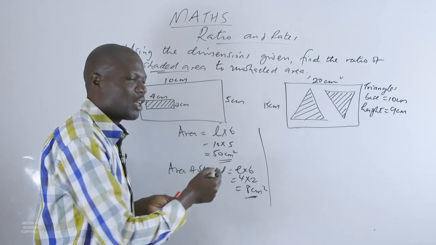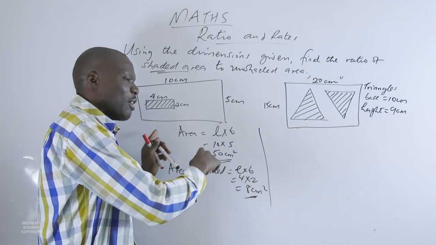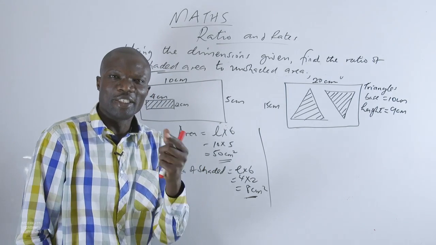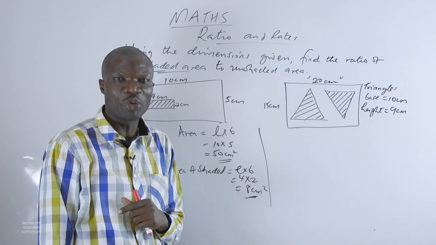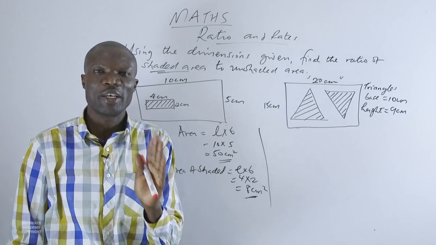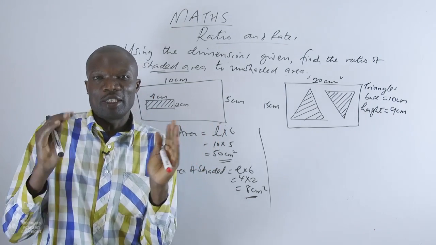What we have here is the area of a bigger rectangle and shaded area. Is it giving us the guidelines to what we want to look for? Not enough. We need to get the difference so that we can get the unshaded.